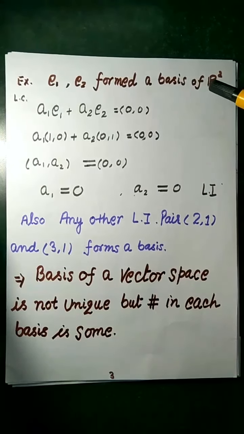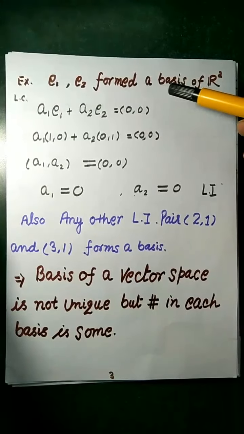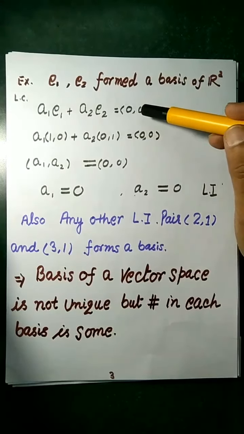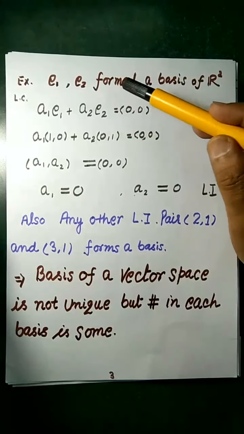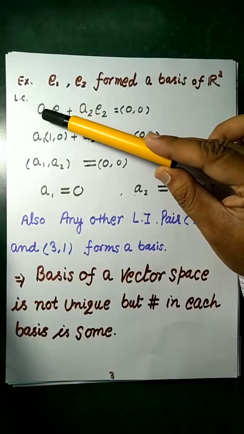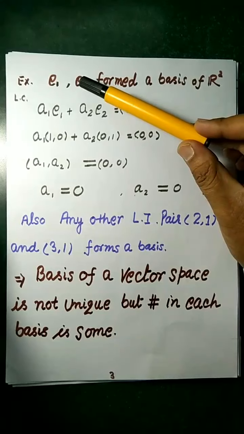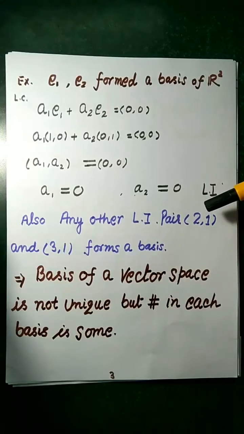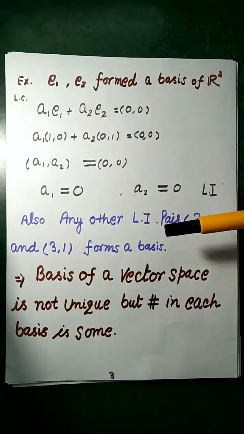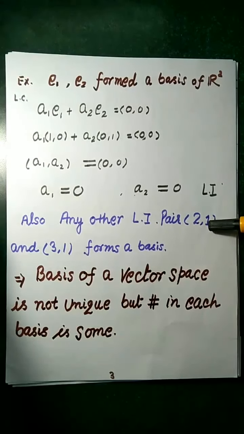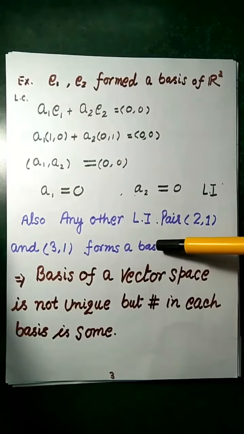In 2 space, let us check how E1, E2 form a basis. By this calculation, these are the linear combinations. All these scalars are 0. Therefore, vectors E1 and E2 are linearly independent. Any other linearly independent pair will also do: (2, 1) and (3, 1) also form a basis.